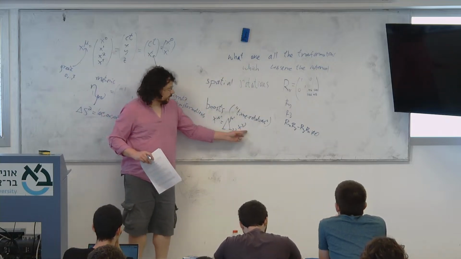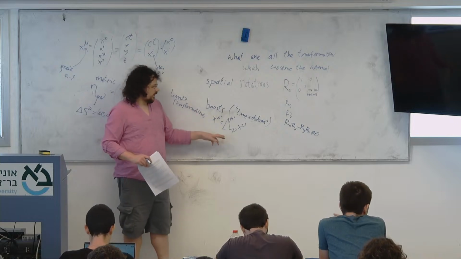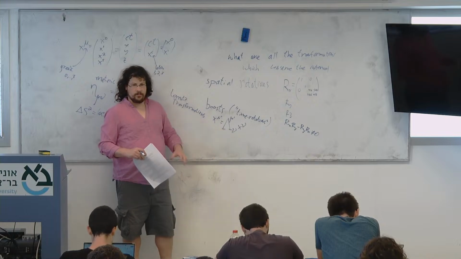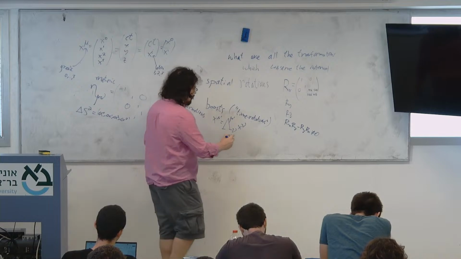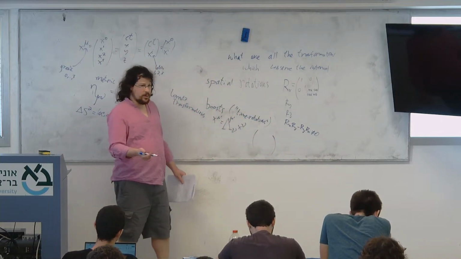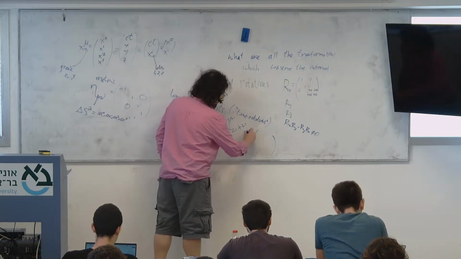Again, I have a vector multiplied by a matrix, giving me a vector, and it's implied that I have summation over the new coordinate. And what do these matrices look like? So now, for example, a boost in the x direction, so I'll call this lambda x.